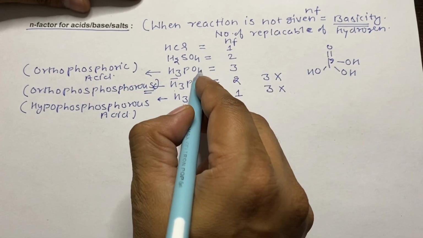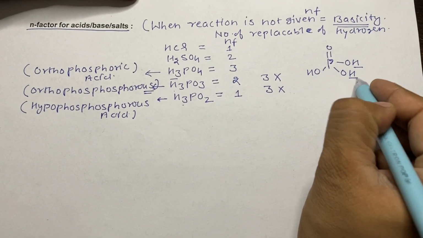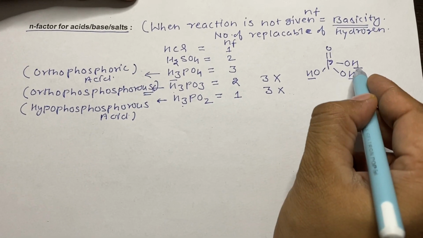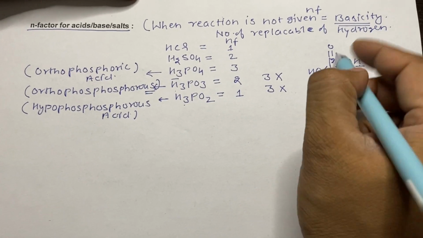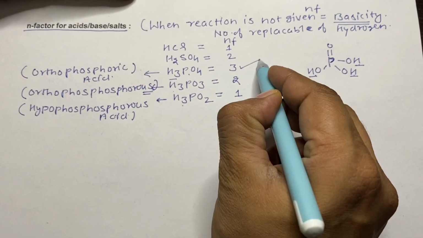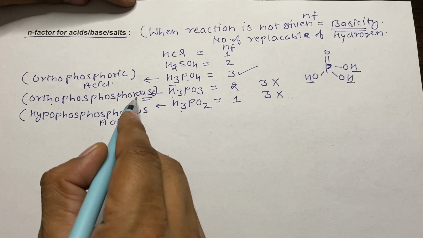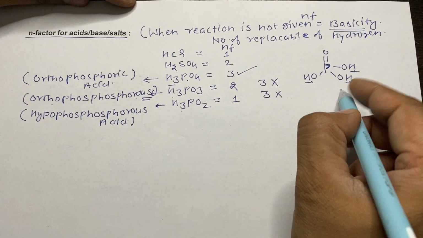So in case of H3PO4, hydrogen is attached with an oxygen atom, so these hydrogens are replaceable hydrogen. So the basicity in case of H3PO4 is 3, so the n factor is 3. In case of H3PO3, which is orthophosphorus acid, we can draw the structure like this.